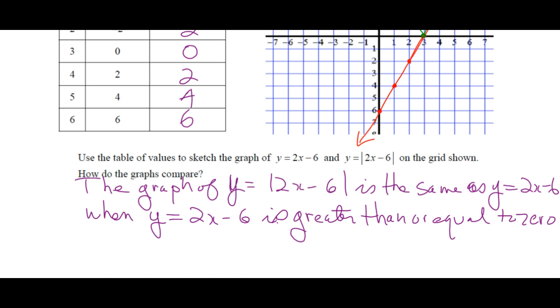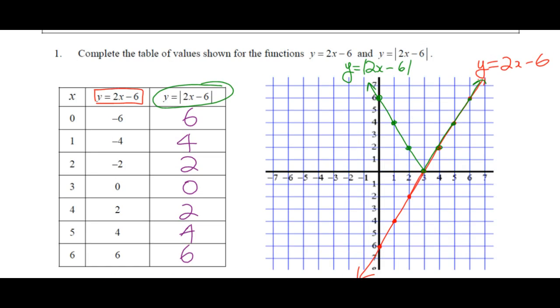So in other words, when 2x minus 6 is positive, we just got the same graph, right? The green line is on top of the red line, right?